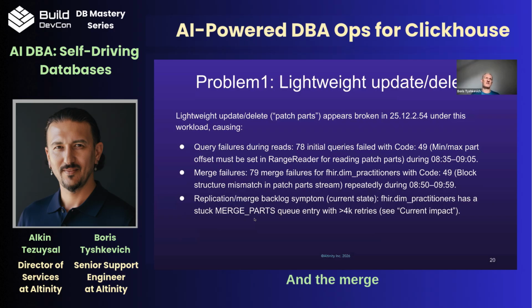And the merge queue for one particular table stopped. And that is a good basic understanding from the model. So I don't have to do it myself, reading different system tables, understanding the situation. I just run a prompt and wait a little bit.